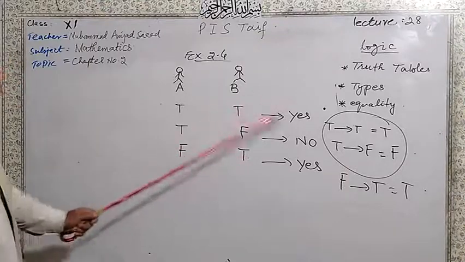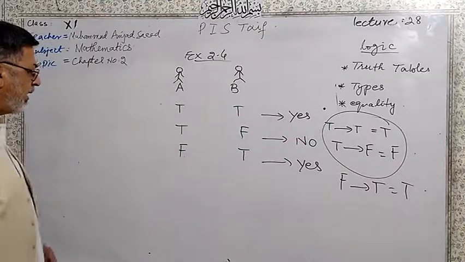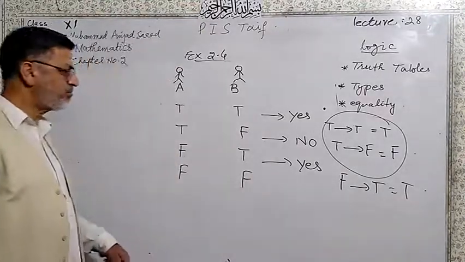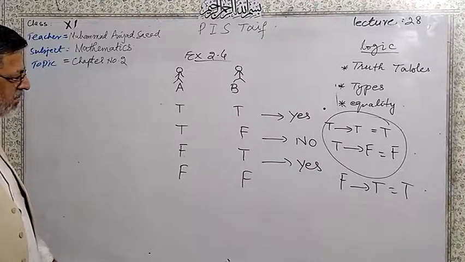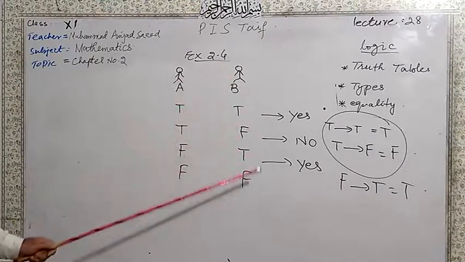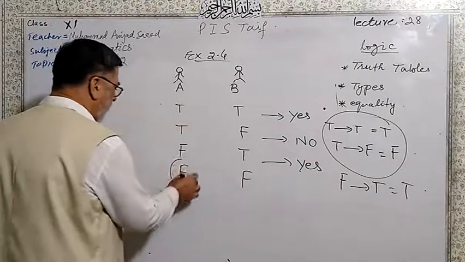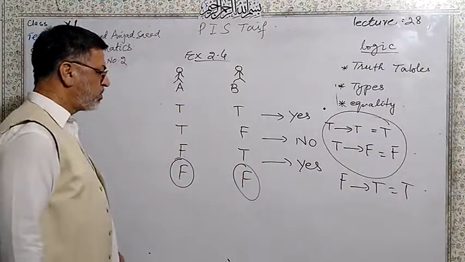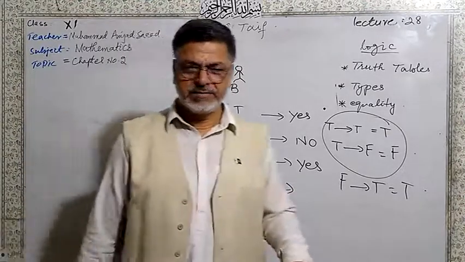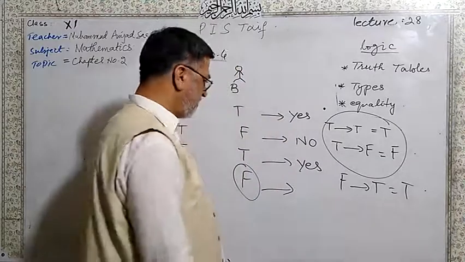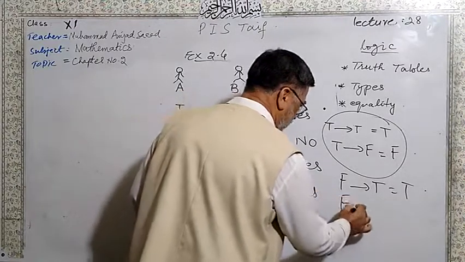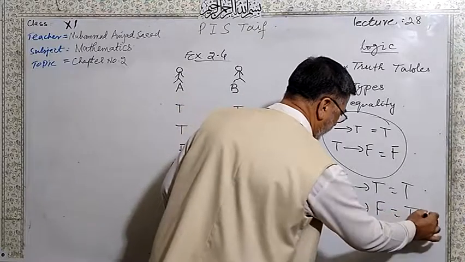Here is F to F. You are not at home. Your friend is not at home. Both are outside the home, so they can meet in a park. Yes, you can do it this way. So F to F is T.